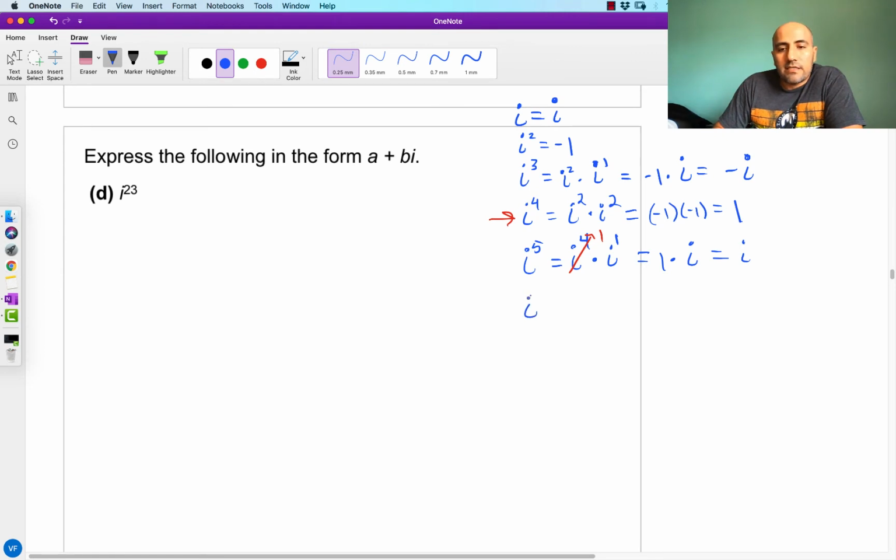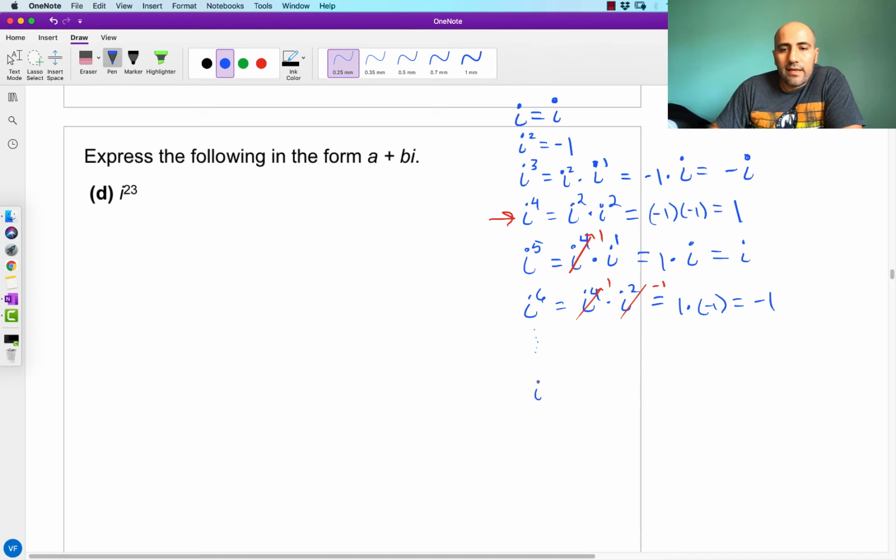Now i to the 6th power, that's going to be i to the 4th power times i to the 2nd power, right? And then this i to the 4th just becomes 1, and i squared becomes negative 1. So i to the 6th power is going to become 1 times negative 1, which equals just negative 1. Okay. Let's keep going a little bit.